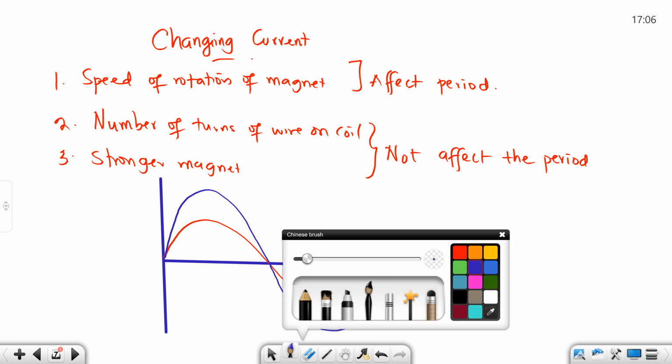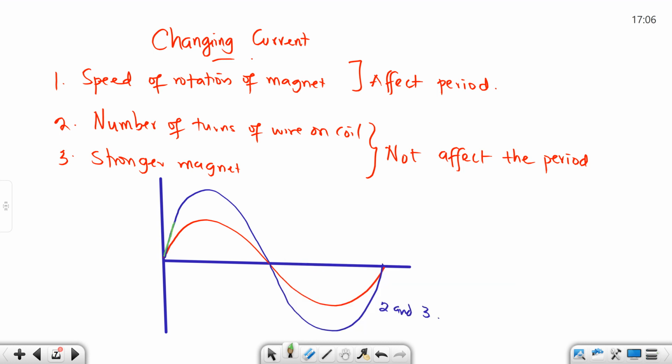But if I then come here and do this, I'm using the green one now. What do you notice? This is the speed, number one. It means I am having two waves in the space of one period. In math we'd say cos 2x or sin 2x, where we have two graphs in the space of one period. So let's take note of the graph there.